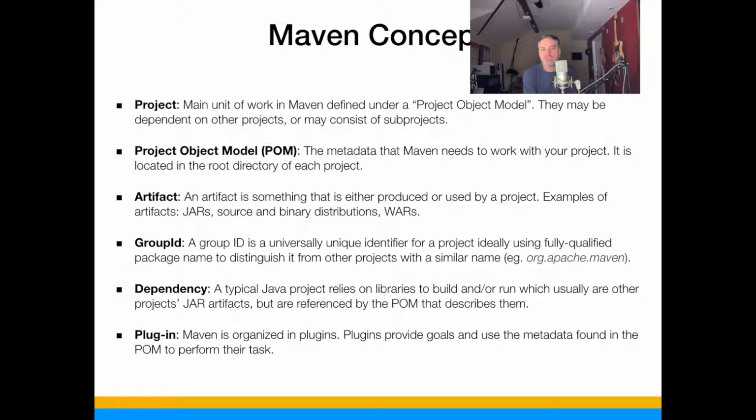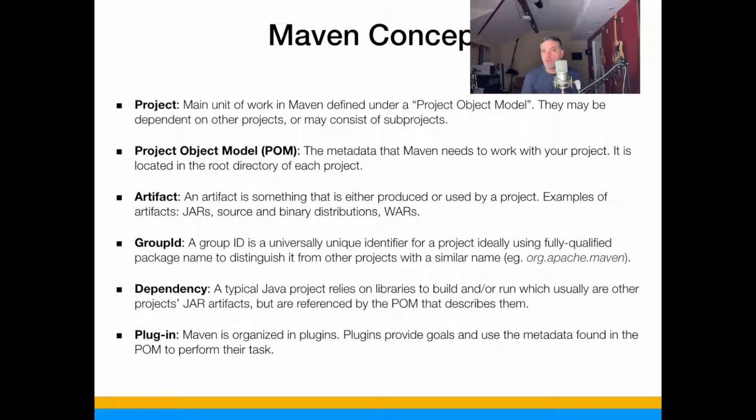The group ID is just the universally known identifier. And just like packages, it is recommended that you have a fully qualified name that distinguishes them from potential collisions in the naming. A good way of avoiding name collision would be using a reverse domain name.